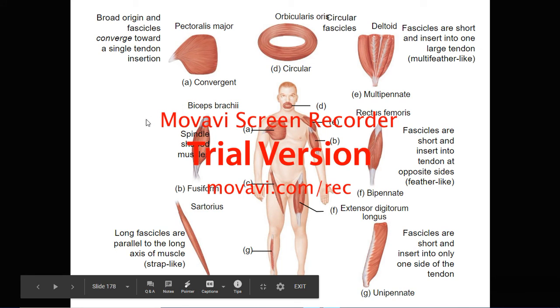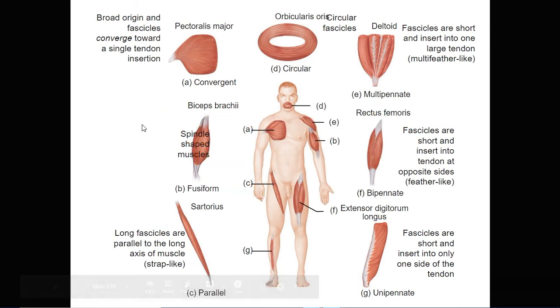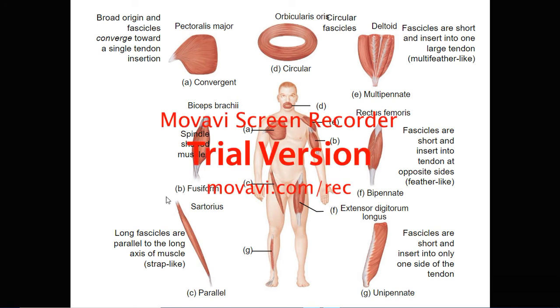On this figure, they have the biceps brachii, a spindle-shaped muscle, classified as a fusiform, and they have the sartorius, with long fascicles parallel to the long axis, as an example of a parallel muscle type. So they have them classified separately.